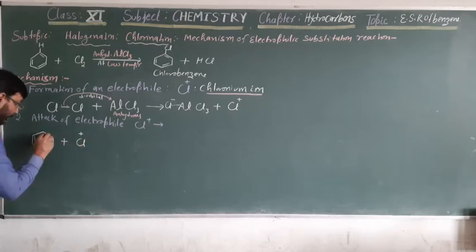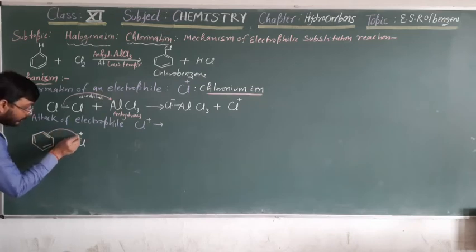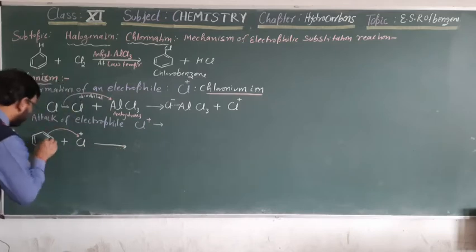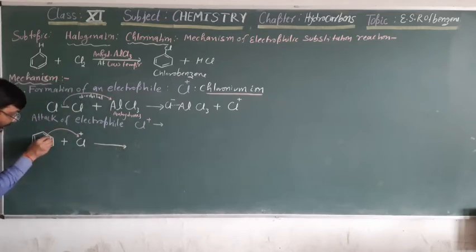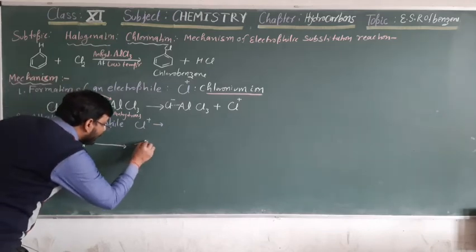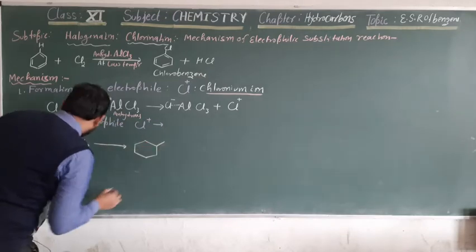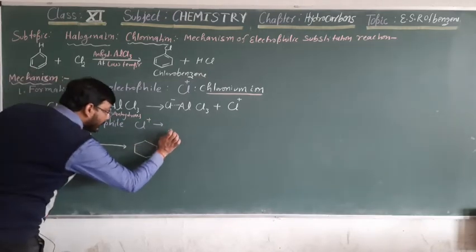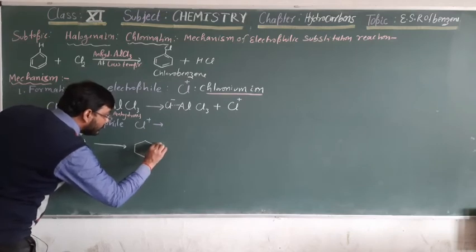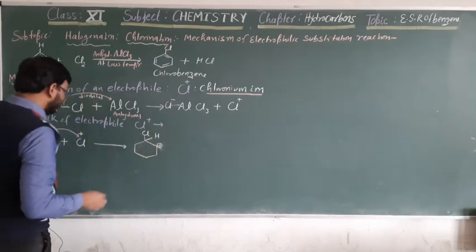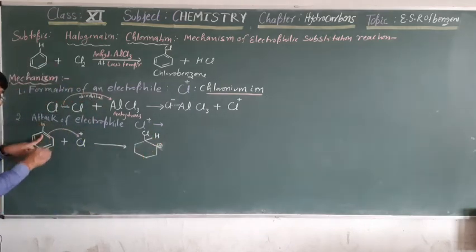So now this pi electron will migrate to the chlorine atom and the bond will break. The electrons present here also migrate, so this carbon atom feels the deficiency of electrons. As a result, the positive charge appears at this carbon, and here Cl is attached and the hydrogen atom is also here.